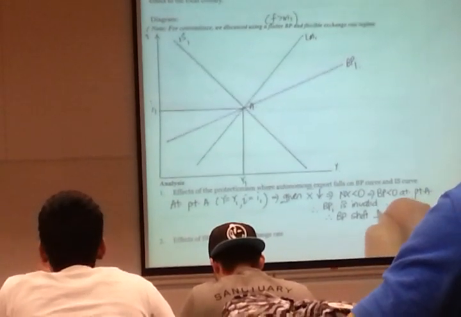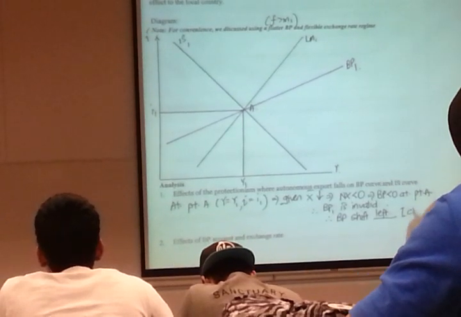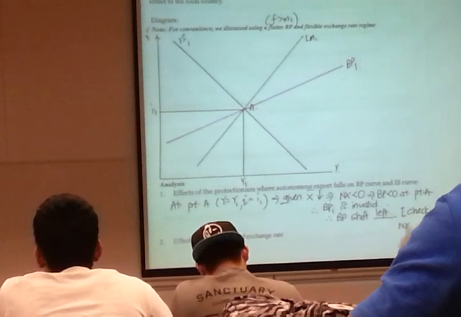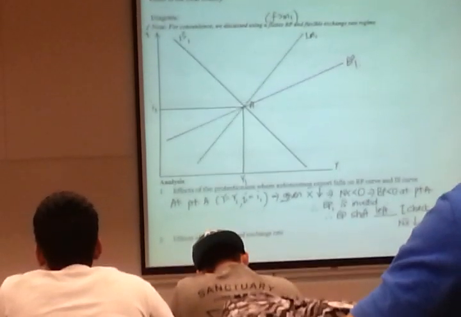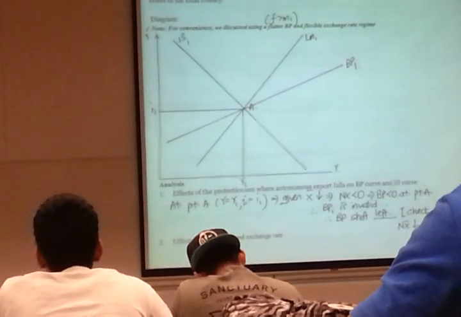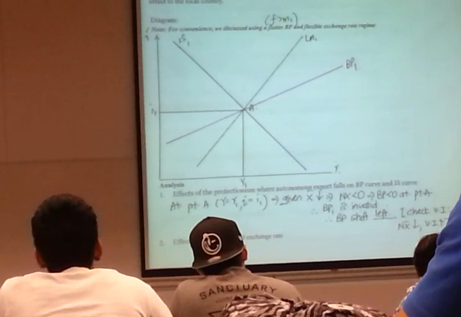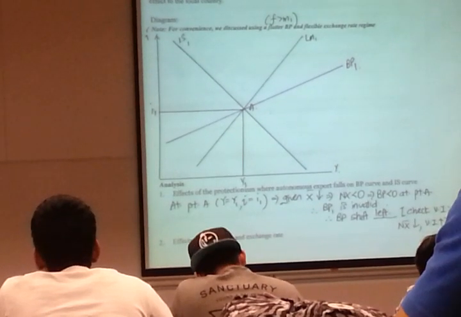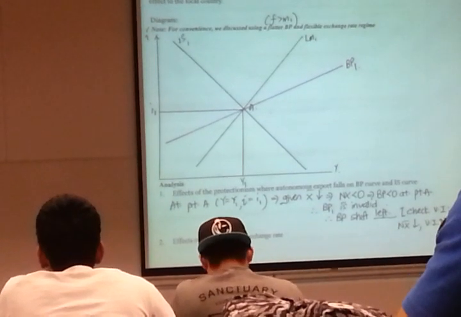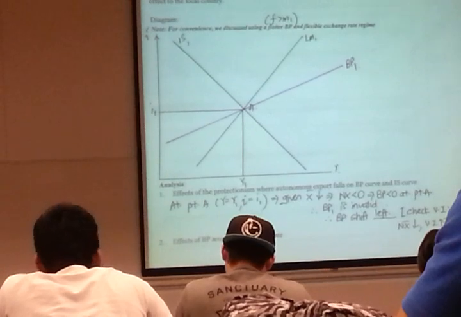Technically, it should shift left. One way is to check the vertical intercept. NX bar drops, the vertical intercept increases. But later I will show you how you double check. To reflect that you're still at point A, you haven't changed your interest rate and income yet, but your BP is no longer 0.